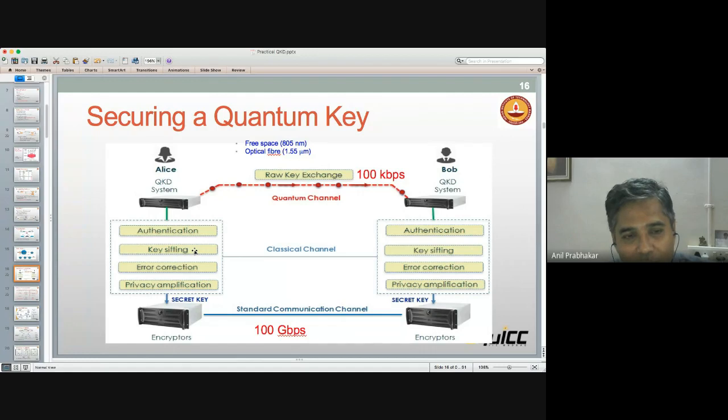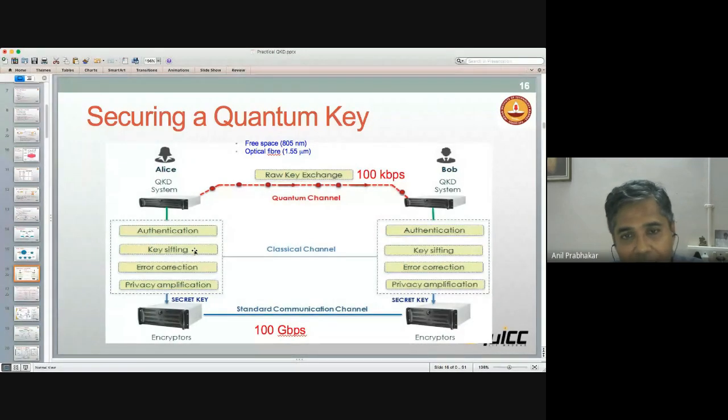So what the sifting is: Bob telling Alice that these are the 10 that I received. He does not reveal the values. He does not say it's 10110, because that would be useless, because it's going on a classical channel. What Bob is instead saying is, I received the photons in time slots 1, 23, 72, 343, and so on, right?